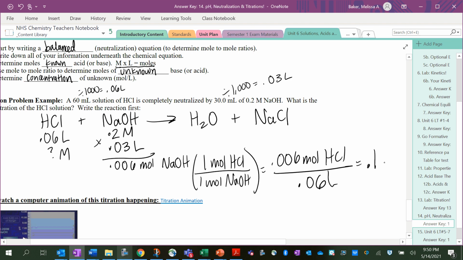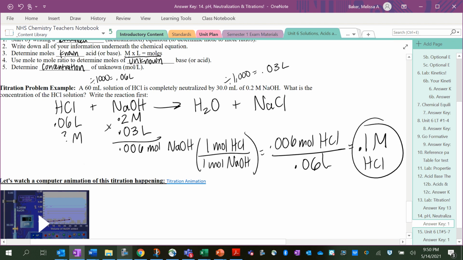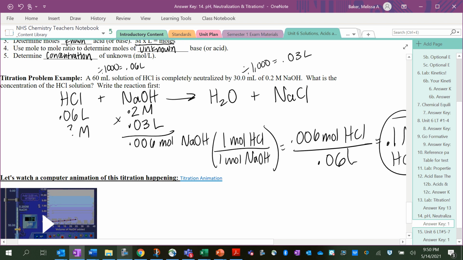That is a 0.1 molar solution of HCl. Makes sense because it must not be as strong as the base, because we needed to not add very much of this stronger concentrated base to double the amount of the acid.